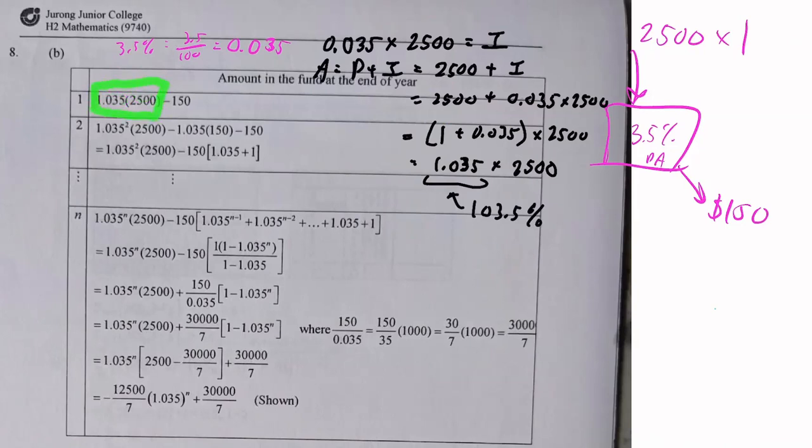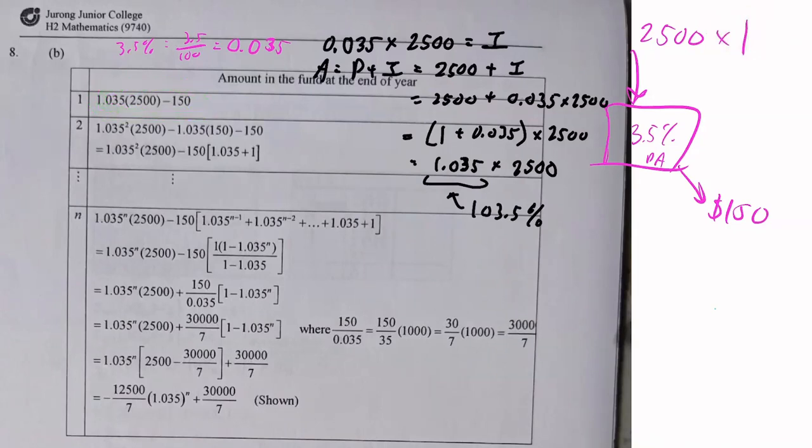But what happens? Every year you give out the bursary, so your piggy bank minus away $150. That's the net amount. Is there new money being deposited into the piggy bank? The fund? No, there is no additional money put into the bank.